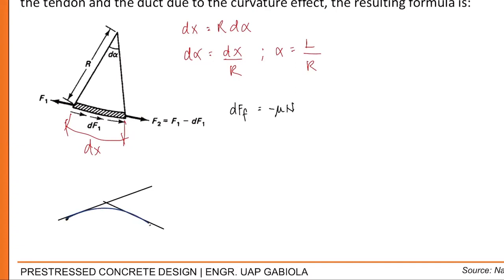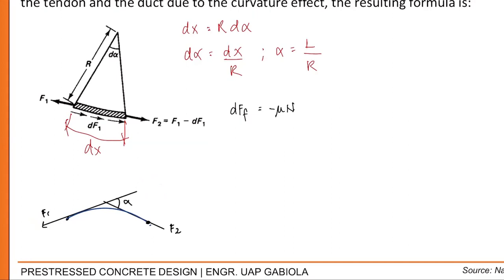So, halimbawa yan yung simple curve natin. Tapos, i-assume ko na itong portion na to, ito yung force F1 natin. Move ko lang ng konti. Okay? And then, ito yung force 2 natin. Okay? Diba, itong angle na to is, sabi natin, it is the same value nung ating central angle, no? Or yung alpha natin.